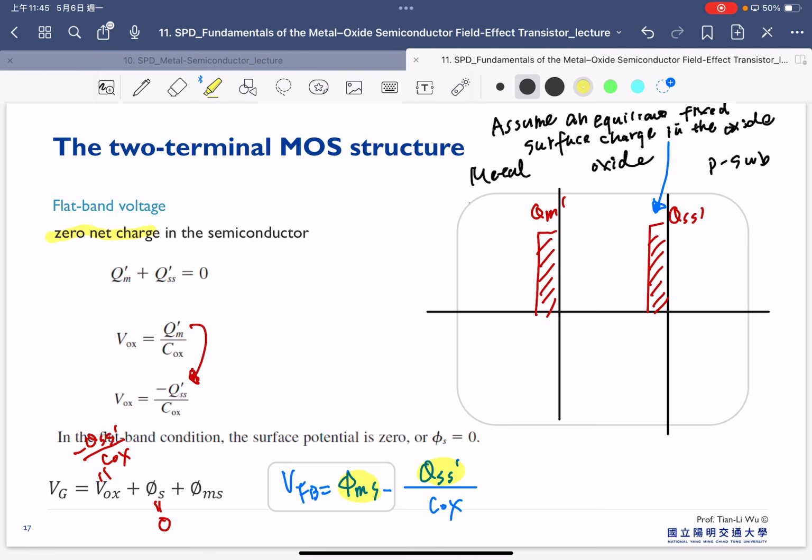And in the future, if you work on your own device and suddenly have to optimize your flat band voltage, then you can start to consider choosing a different metal, because that's related to the metal-semiconductor work function. You also have to consider how to reduce or increase your fixed charge, because that will also influence your flat band voltage.